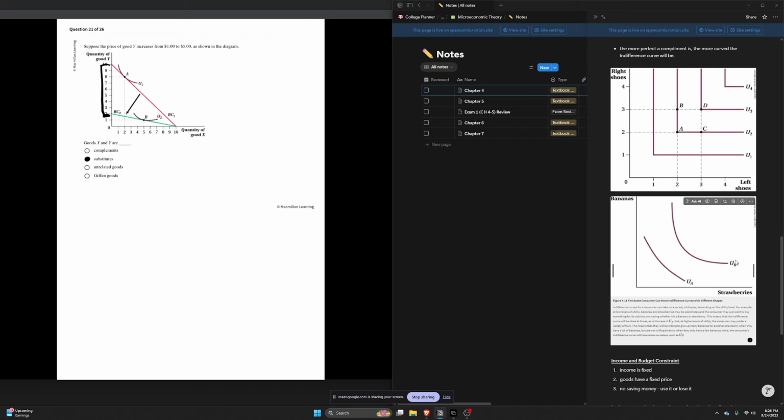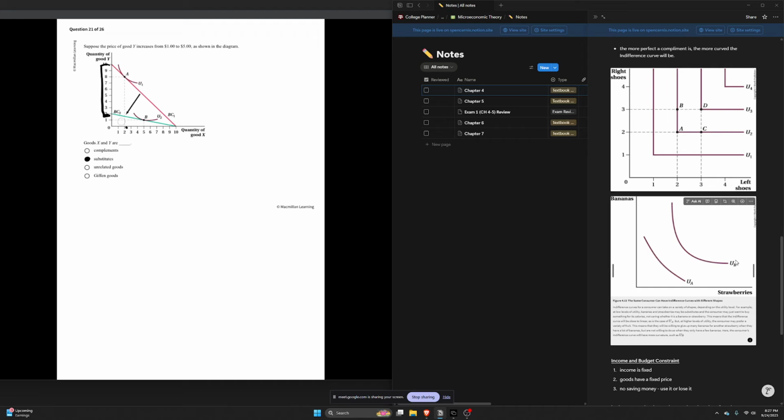If y was a complement to x, then you would see both of these go down. If I can buy less y, then I'm not going to buy so many x. If I used to be able to buy 10 left shoes and 10 right shoes, and now I can only buy 2 left shoes, then it doesn't make sense to buy those 8 extra right shoes. I'm just going to want to buy 2 because that's where it would line up.